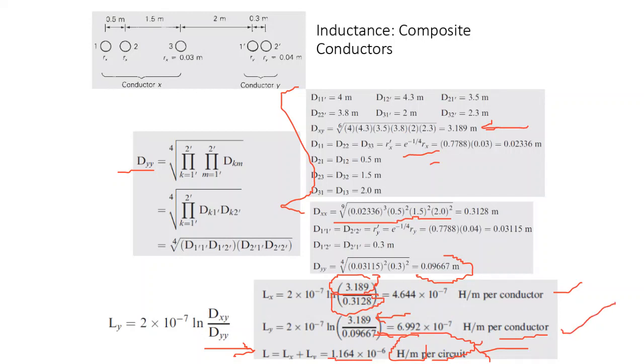Therefore, we add them. If we have 3 conductors, 3 phase, we add LX, LY, and LZ, for example. Or instead of X, Y, we call them A, B, C, or red, yellow, blue. Therefore, we add the inductance of the red phase, of the yellow, and of the blue.